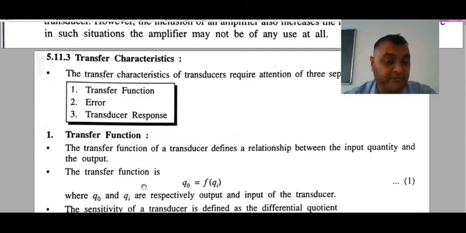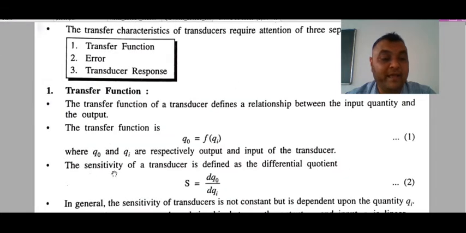For the transfer function, Q0 is equal to f of Qi, where Q0 and Qi are respectively the output and input of the transducer. So Q0 here is the output of the transducer, and Qi is nothing but the input of the transducer. I stands for input and O stands for output; you can see those terms given in the suffix.